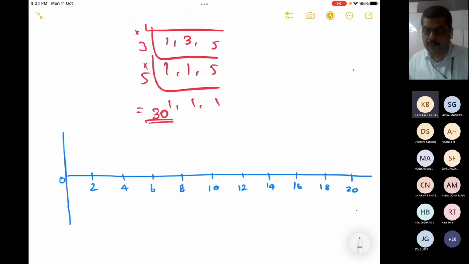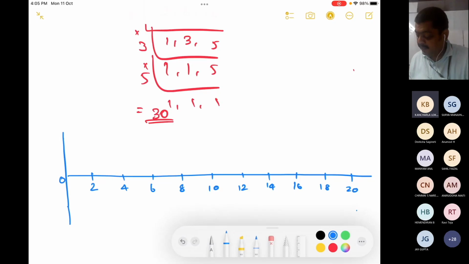It will go on up to 30. Whenever you draw, you put up to 30, but we will see whether it is a feasible schedule or not. In case you are planning, you have to put it up to 30. You can also reduce the scale. Now I use 2 at a time, 2, 4. If you want to reduce, you can make it 3 at a time. To make you understand, I am using 2 at a time.